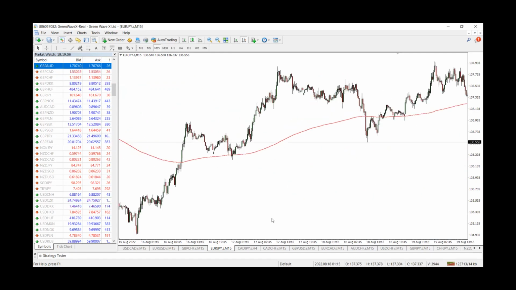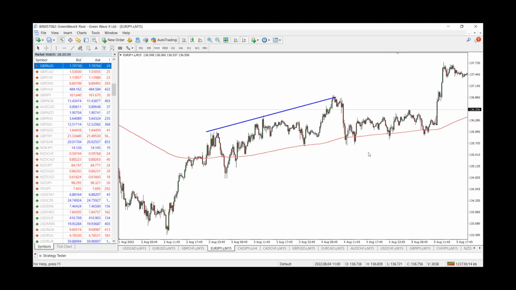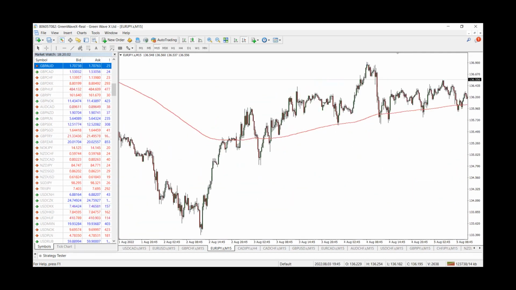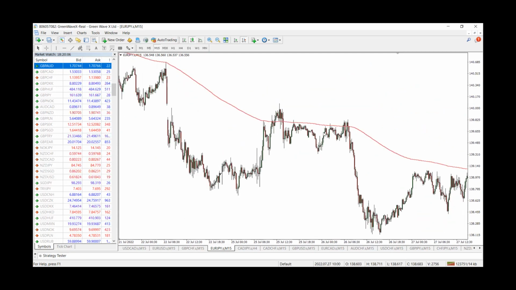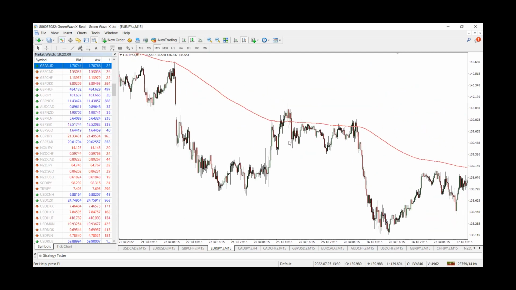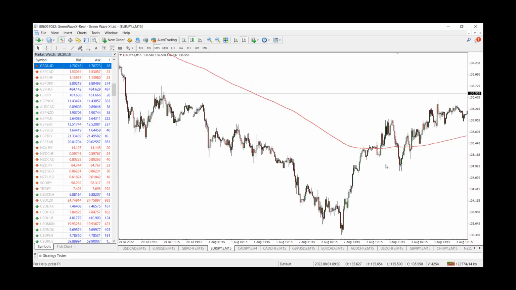That's another way of using the moving average to read the market trend from a very, how will I put it, microscopic point of view. Microscopic, just like you're looking at something far as if it's close, all right?